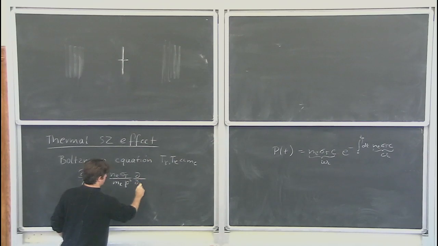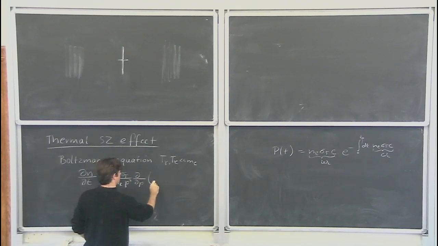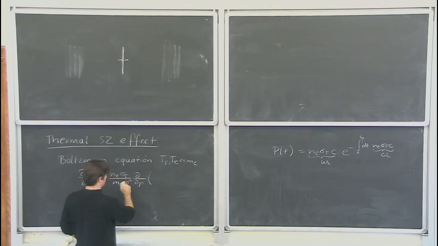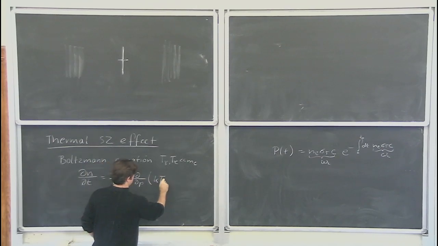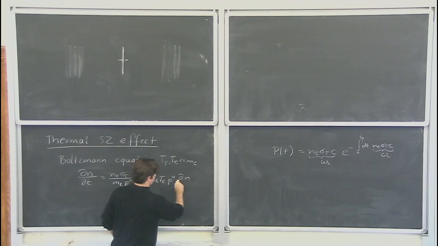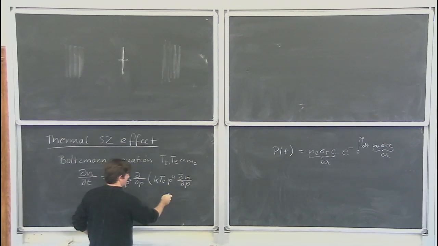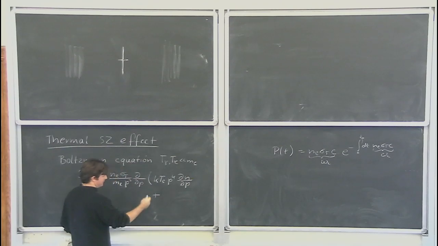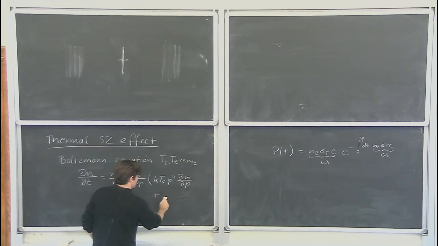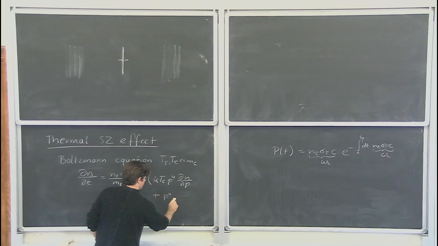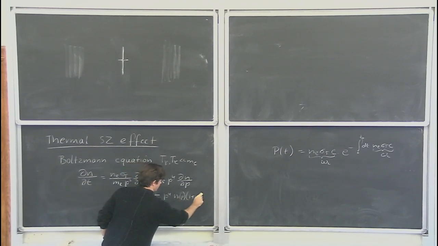Then there's d/dp of, so there is k T_e p^4 dn/dp. This again is the photon phase space density or spectrum, plus, because for now I'll ignore the fluctuations in it, plus p^4 n(p) times 1 plus n(p).